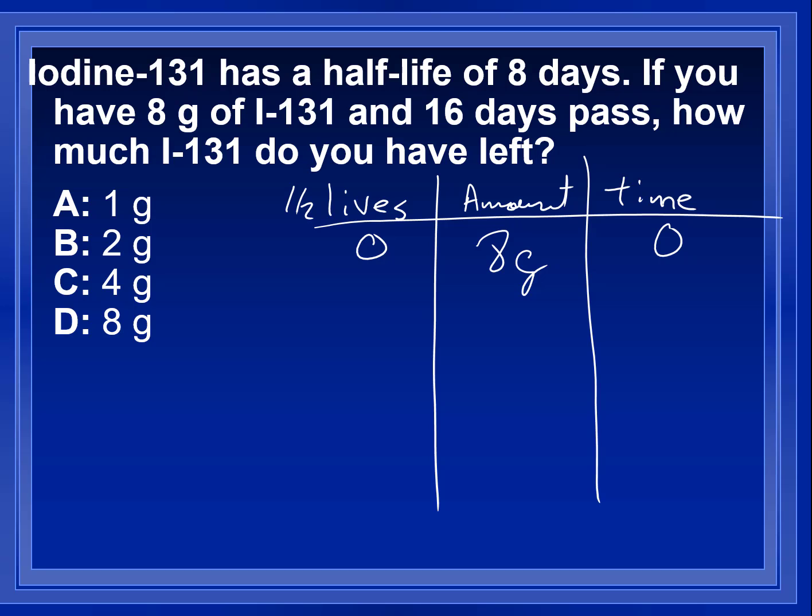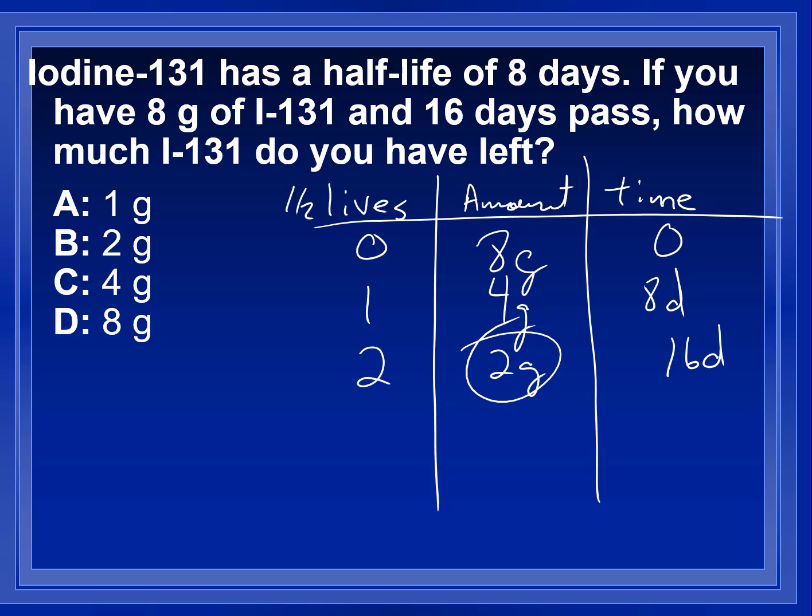Okay, so there's my starting point. I have no half-lives, no time, and I have 8 grams. So 1 half-life is going to cut that in half to 4 grams, and it's going to be 8 days. Not done yet. I want to go to 16 days. 2 half-lives will be 2 grams, and that would be 16 days. So they wanted 16 days. It's going to be 2 grams left.